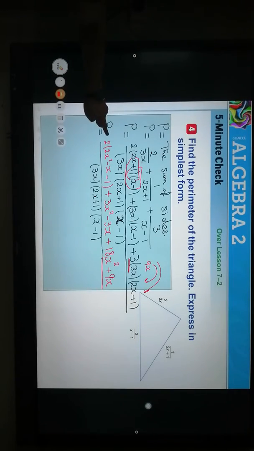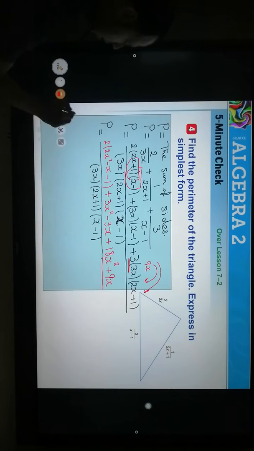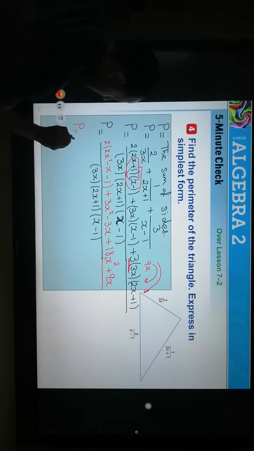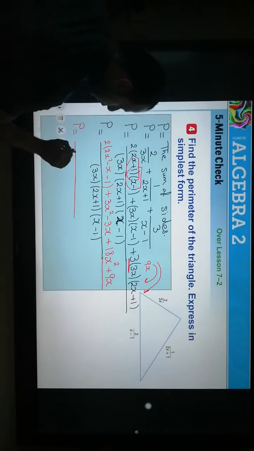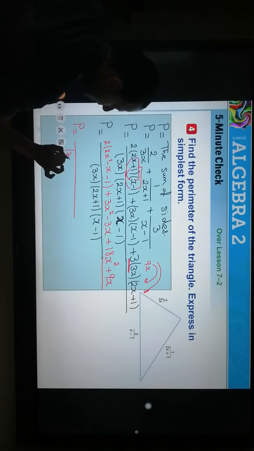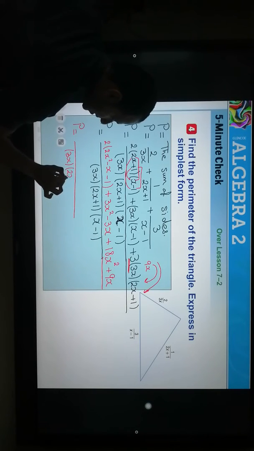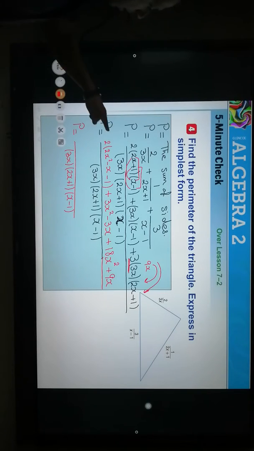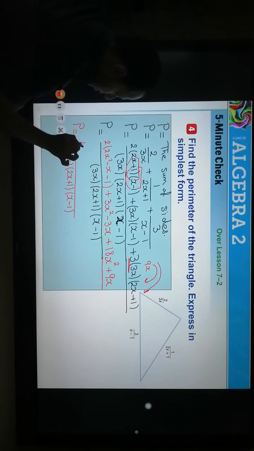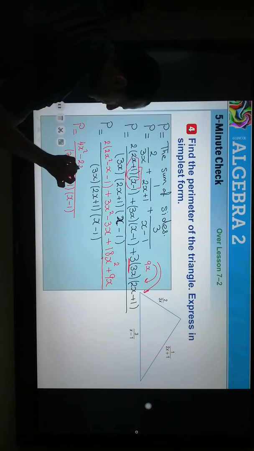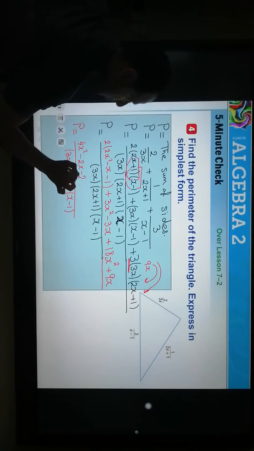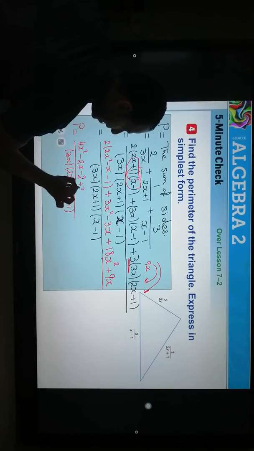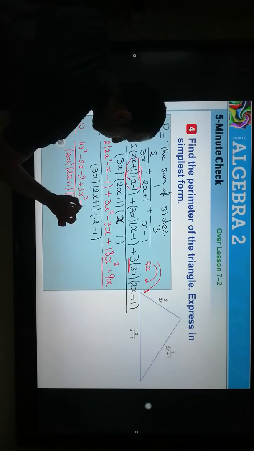Now, I need to multiply by 2 the first, the second, the third, and then simplify. So the perimeter becomes, here we have 3x, 2x plus 1, and x minus 1. 2 becomes 4x squared, yes, I hear you, complete with me, minus 2x, minus 2, and then plus, as it is, I complete the problem.